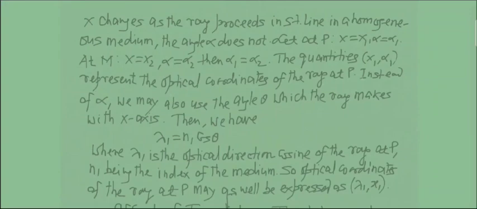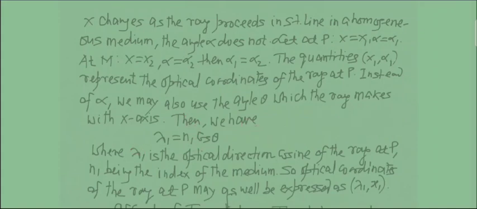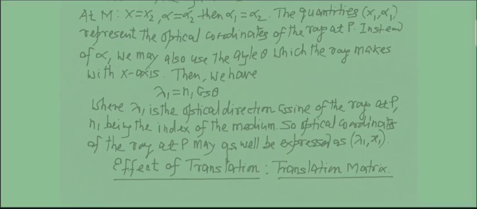So the quantities x1 comma alpha 1 represent optical coordinates at P. Instead of alpha, we may also use the angle theta which the ray makes with the x-axis. Thus we have lambda 1 by definition. So by definition, lambda 1 equals n1 cos theta, where lambda 1 is the optical direction cosine.